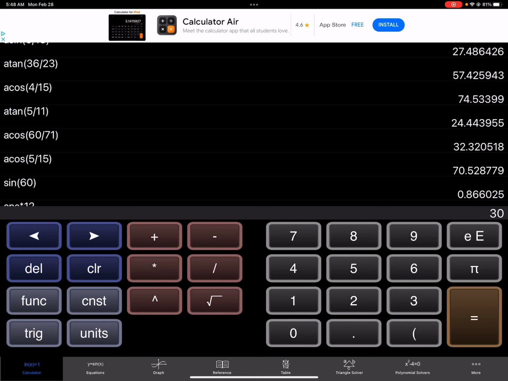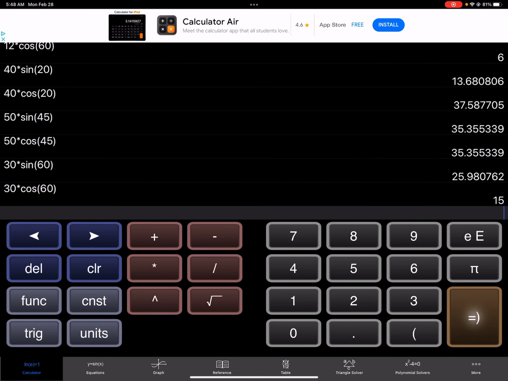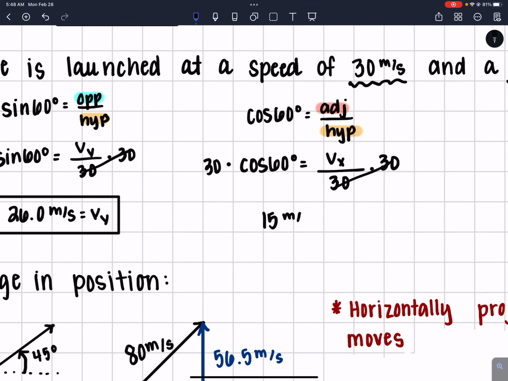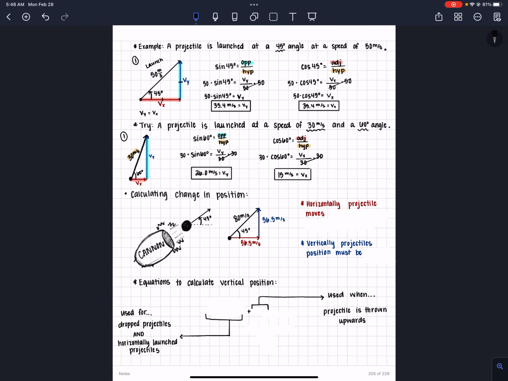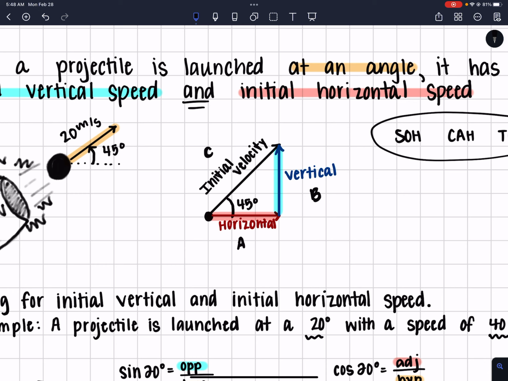Yeah, 30 times the cosine of 60. Yep, 15. I do remember my trig. Okay, so 15 meters per second is my horizontal speed. Perfect. So that completes part 1 of this lesson, which is just figuring out how to solve for the horizontal and vertical components of the initial launch speed of an angled projectile.